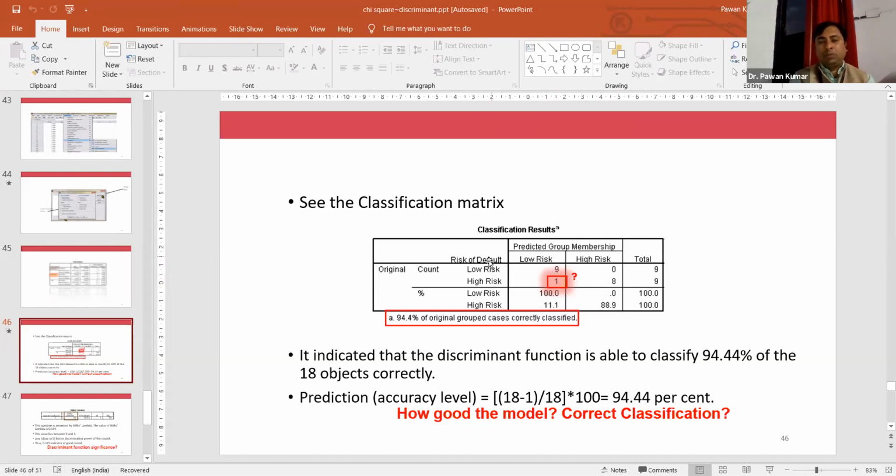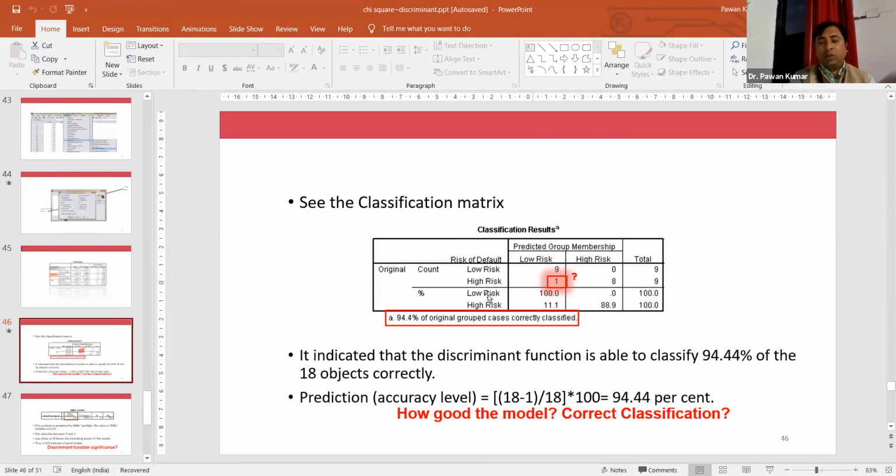The reason being, the observed default is low risk, and the prediction made by the software also says that these 9 customers are low risk, and these 8 customers are high risk and predicted high risk. But this one customer is wrongly classified.